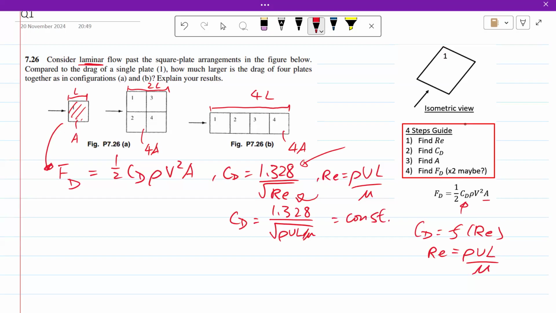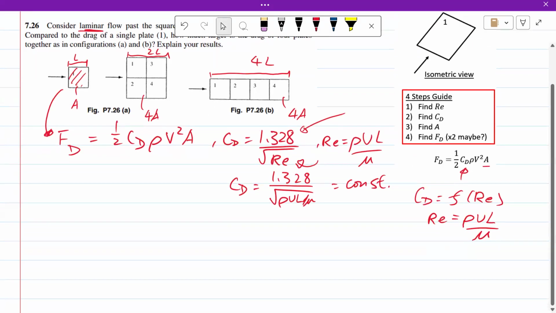The idea is that later on when you have more plates, this is just going to multiply or basically change the constant of the drag coefficient. So that gives us FD of one single plate equals half constant rho V squared A.